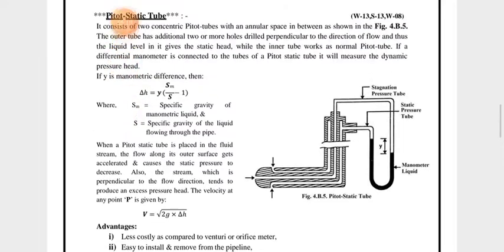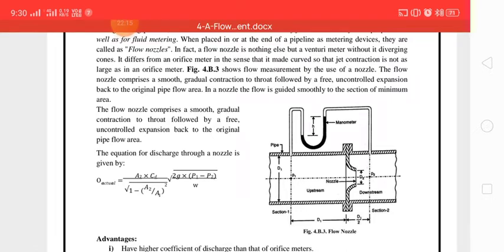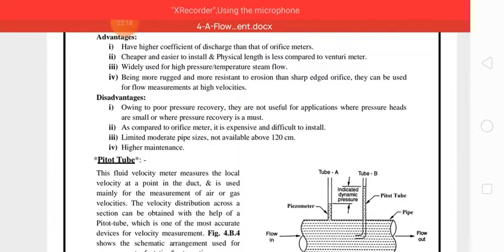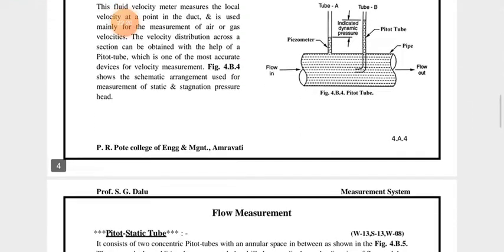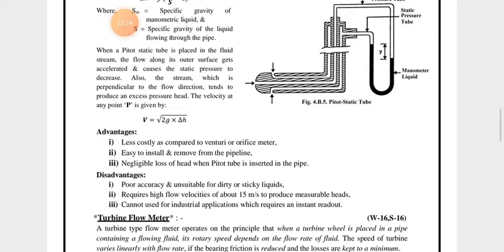Today we have covered three topics: the flow nozzle, the Pitot tube, in which we studied the Pitot static tube, and the turbine flow meter. All three instruments are used for the measurement of flow of a fluid flowing through a pipe, and every instrument has certain advantages and disadvantages over the others.